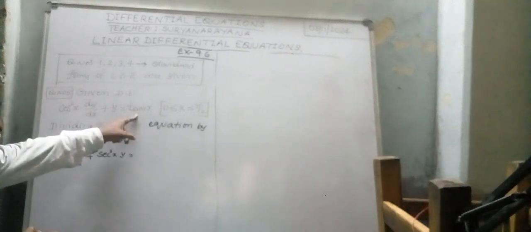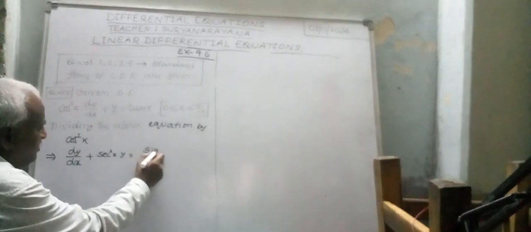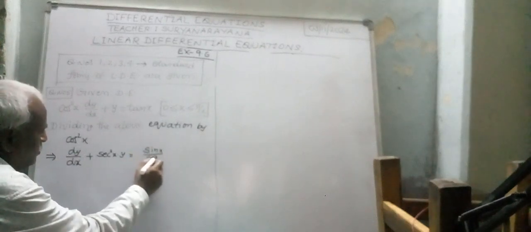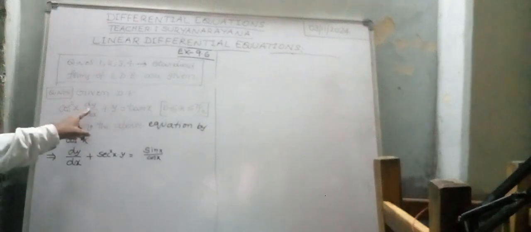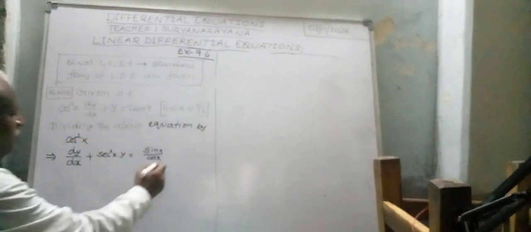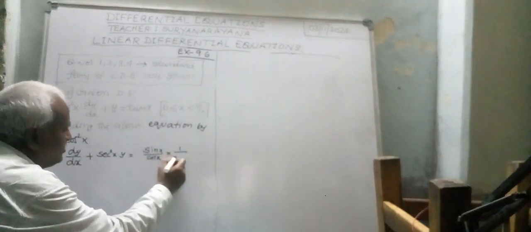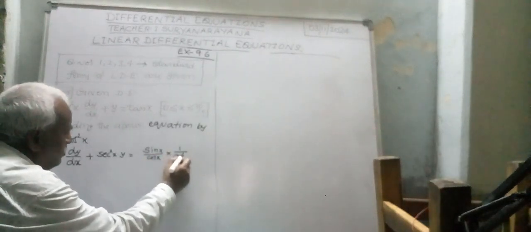Tan x means sin x by cos x, divided by cos square x, so 1 by cos square x. Otherwise we can write tan x into secant square x.